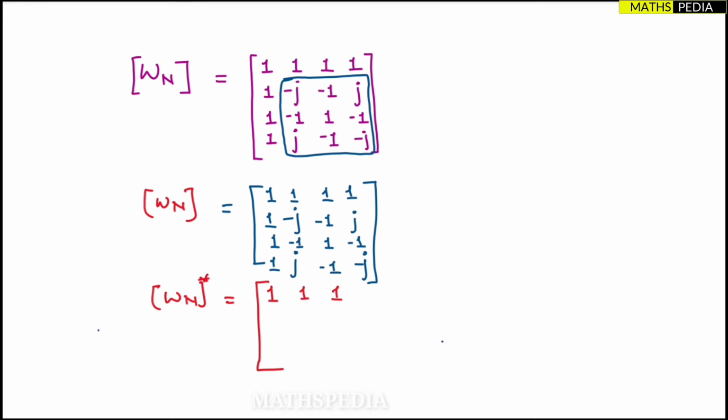So the real numbers will remain as they are, 1 1 1 1, all the real numbers will remain as they are, minus j, this is the imaginary part, it will become plus j. Minus 1 will remain as it is, this one will become minus j, this one minus 1, 1 minus 1, this will become minus j, minus 1 and plus j. So this is the conjugate of the WN matrix.